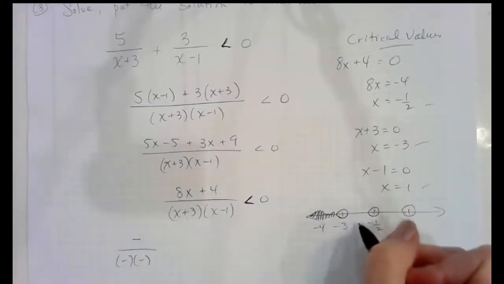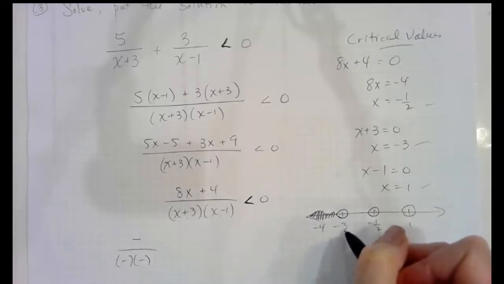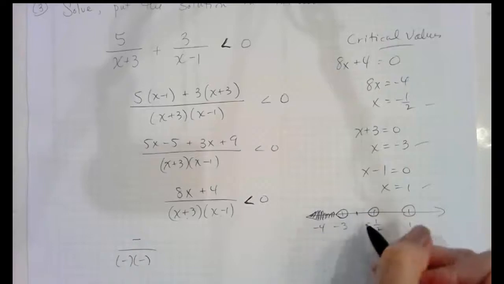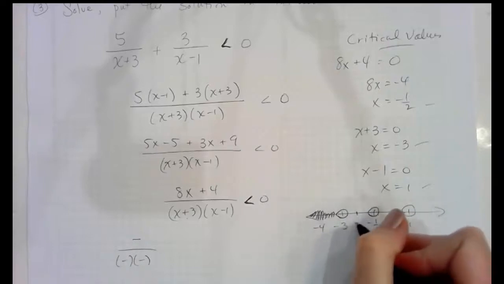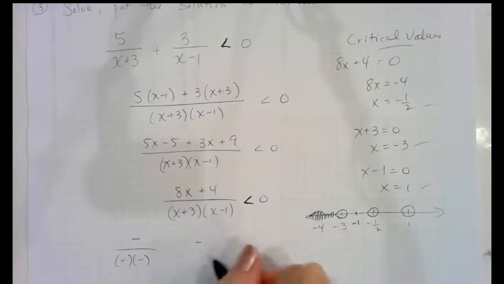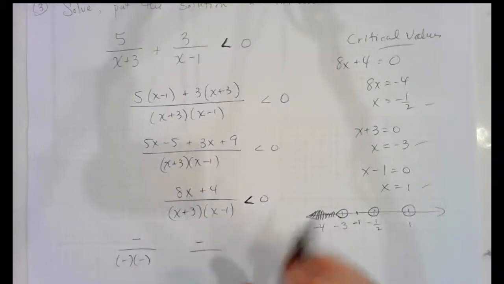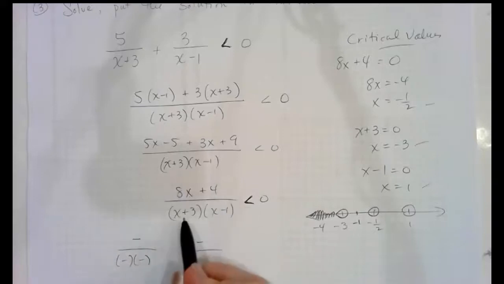Now, let's look in this interval. So what's between negative 3 and negative 1/2? Let's go with negative 1. So we're going to do the same thing. Plug in a negative 1 here, here, and there. 8 times negative 1 is negative 8 plus 4. That's negative. Negative 1 plus 3 is 2, and that's positive.